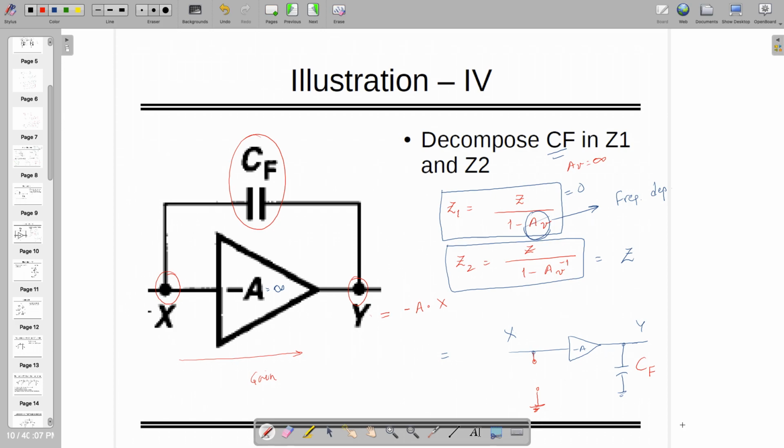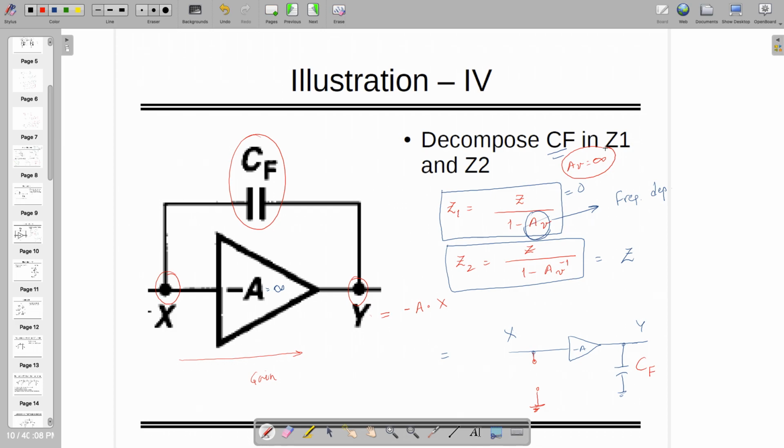So this is one of the important observations: if there is a gain from X to Y path, and if there is an impedance connected from X to Y, which is a capacitor, and I want to decompose it under the condition that AV is equal to infinity, then it's decomposed in two parts, one at the input side, one at the output side.